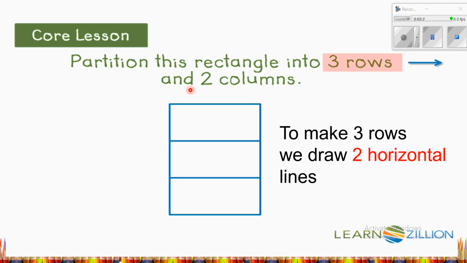So if I want to partition this rectangle into 3 rows and 2 columns, 3 rows means I have to go side to side. So to make 3 rows, I have to draw 2 horizontal lines. 1, 2, and now I have 1, 2, 3 rows.